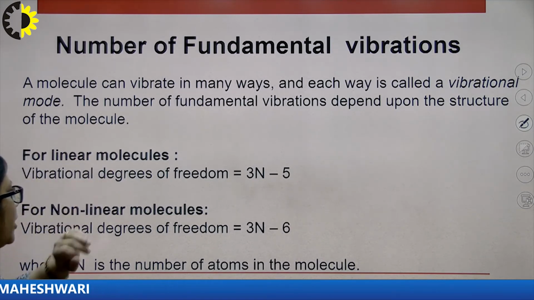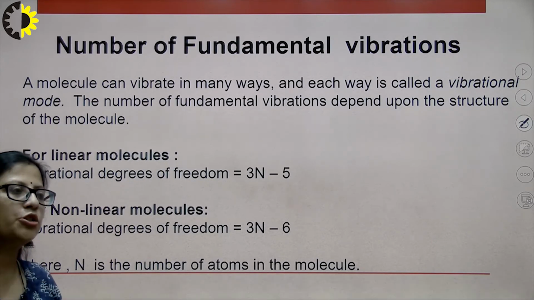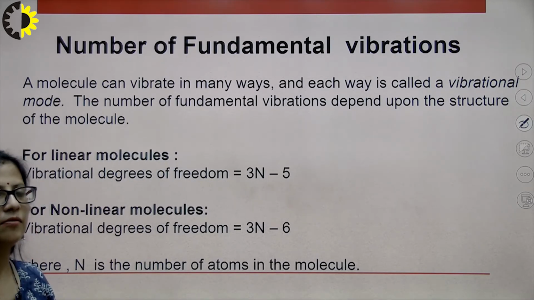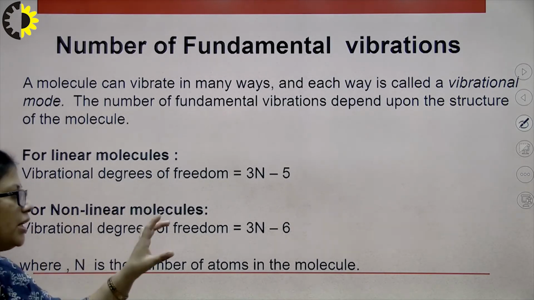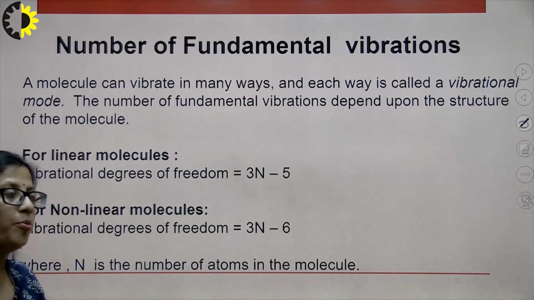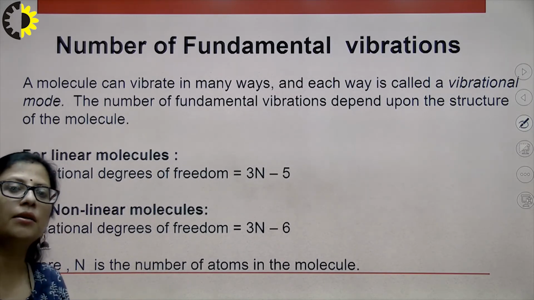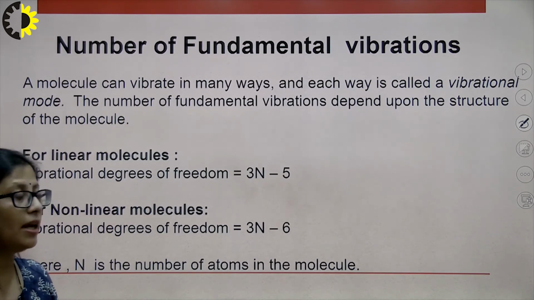For a linear molecule, the vibrational degree of freedom is 3n minus 5. And for non-linear molecules, the vibrational degree of freedom is 3n minus 6, where n represents the number of atoms in a molecule. Now, how do we calculate this?